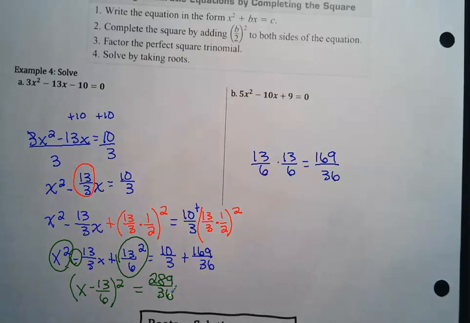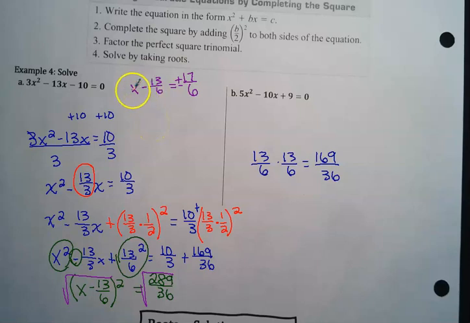Okay, so we have the quantity x minus 13/6 squared equals 289/36. So to solve, we need to solve by taking roots. Okay, so I'm going to take the square root of this side, the square root of this side, and I get x minus 13/6 equals, all right, the square root of 289 is 17, and the square root of 36 is 6, and this is plus or minus 17/6.